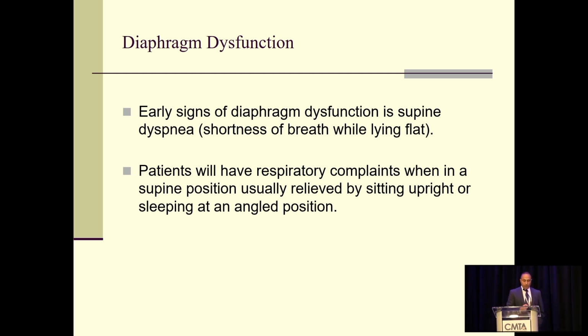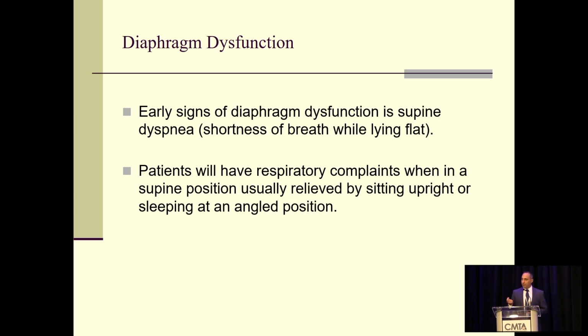So some of the early signs of respiratory dysfunction. Really, again, it's anything that affects the diaphragm. So what we notice a lot of times is when patients lay flat, so upright and walking around, they're completely fine. And then at nighttime, I say, oh, how do you sleep? Well, I sleep on a wedge. I sleep on 3 or 4 pillows because I'm more comfortable that way.